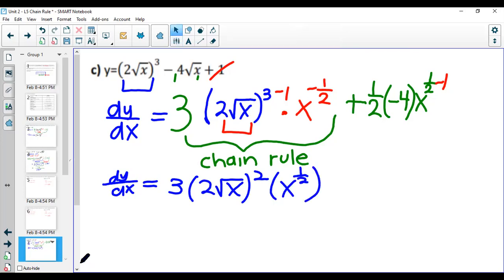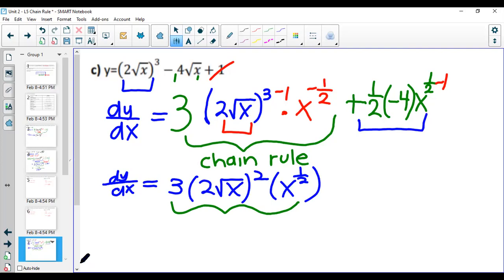Again, this is all the chain rule. I've just simplified it a little bit. And then I have to take into consideration this. 1/2 times -4 is -2, x to the power of -1/2.